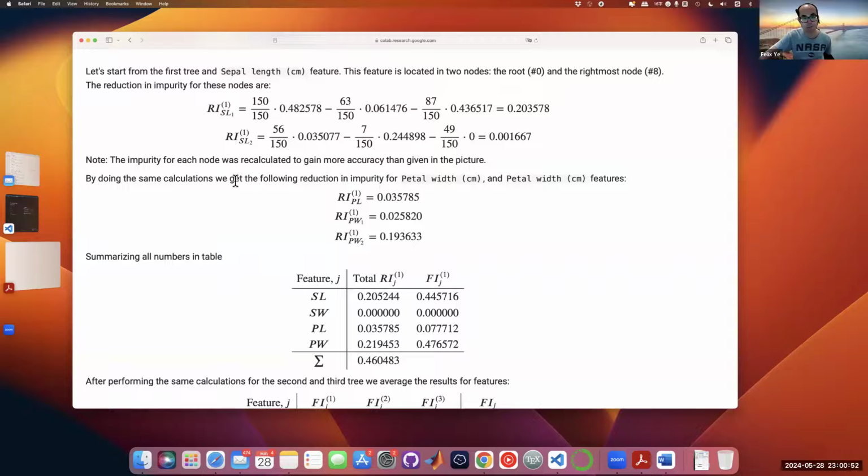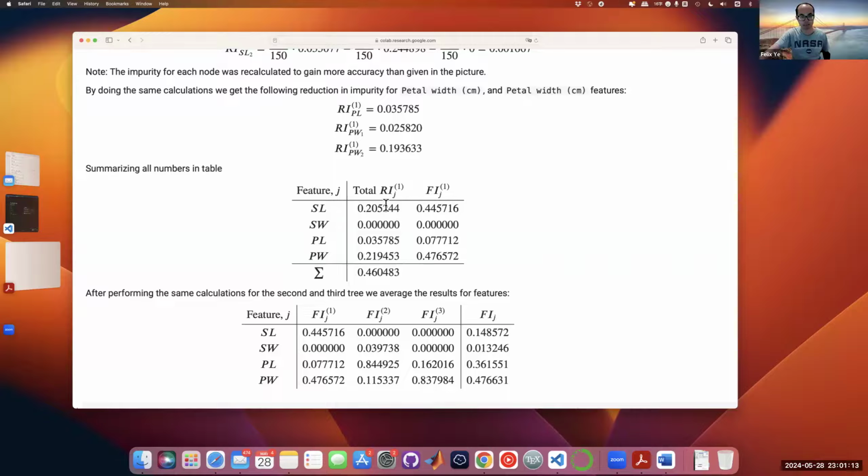We can do similar things for petal width and petal length, where we have a reduction of 0.035 and the other ones as well. You can sum them all together, and this will be your feature importance. We don't have a sepal width here because it's never used, so it's 0. From this table, the petal width is the most important.